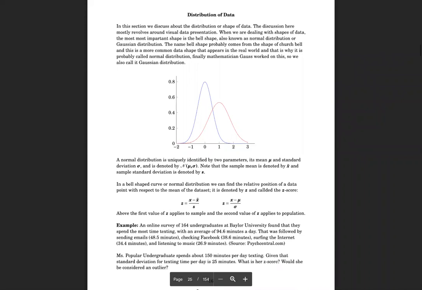Next, a distribution of data. This is something you may want to remember pretty much for the rest of your life, not even class.